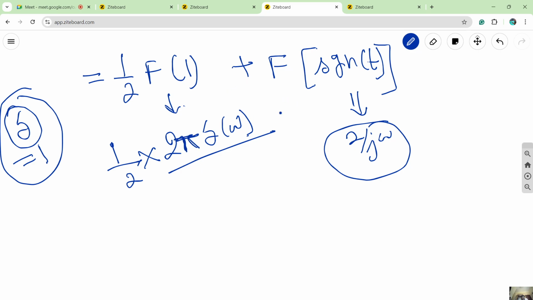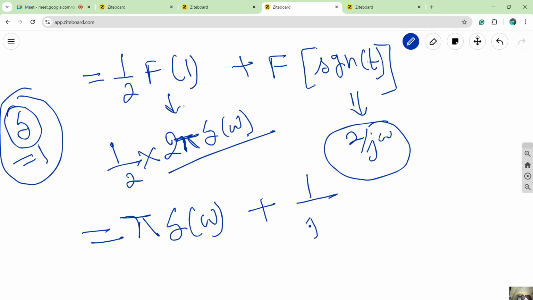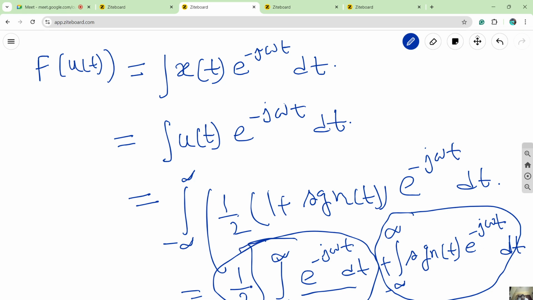So both of them come from the duality property that I have derived throughout this whole assignment. So it is actually pi del omega plus 1 by j omega. Sorry, it's actually the whole bracket here also. I missed it.